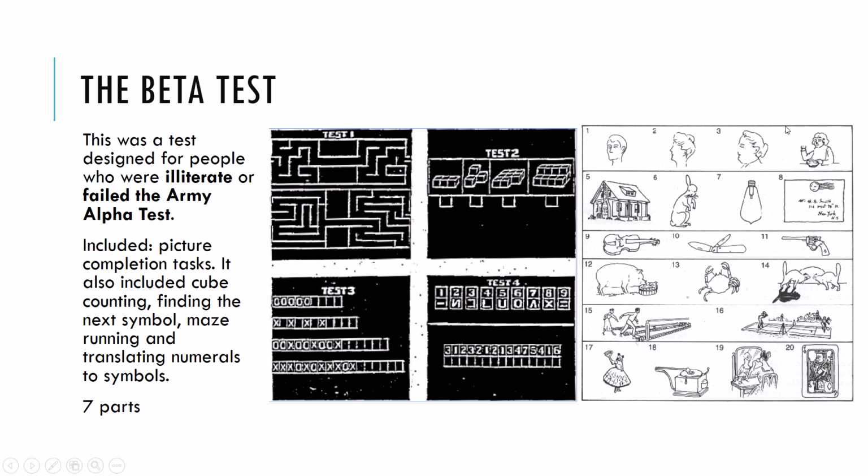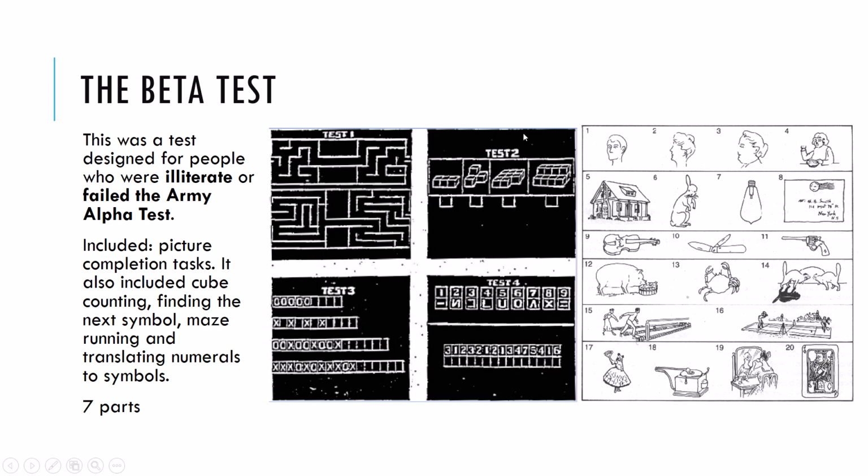The second test that was developed was the Army Beta test. This was a test designed for people who were illiterate or who had sat the Army Alpha test and failed it. So this included picture completion tasks. It included cube counting.